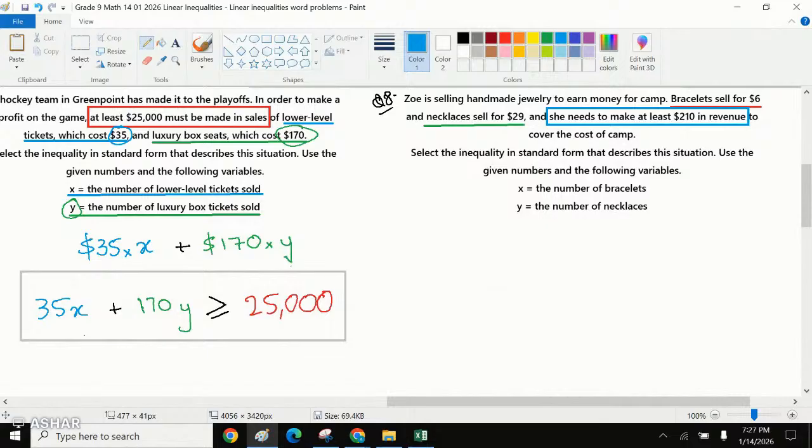The word is at least, which would mean that she makes 210 or any number more than 210, right? X represents the number of bracelets, whereas Y represents the number of necklaces. If each bracelet costs $6, how many bracelets were sold? There were X bracelets sold.